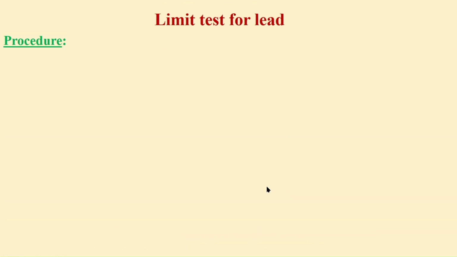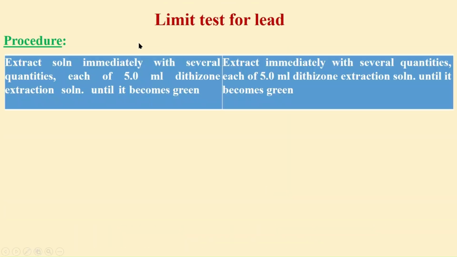Then the solution which is prepared above is immediately extracted with several quantities of dithizone solution, each of 5 ml. The other impurities are in the complex form. The lead is not in the complex form.